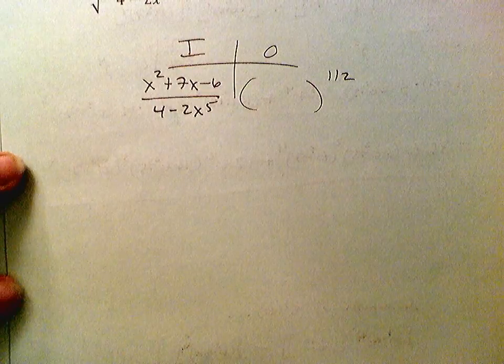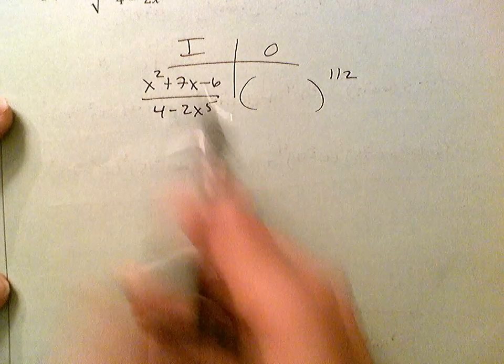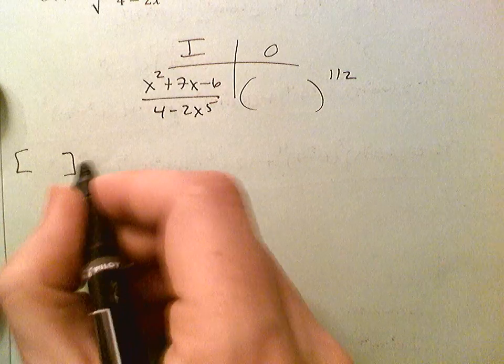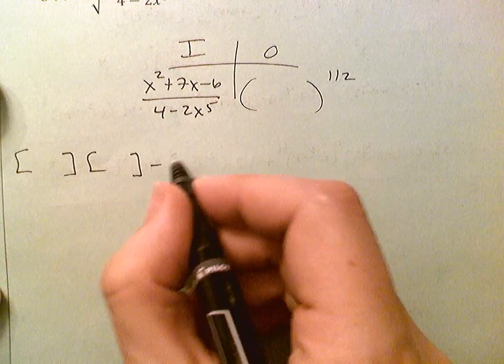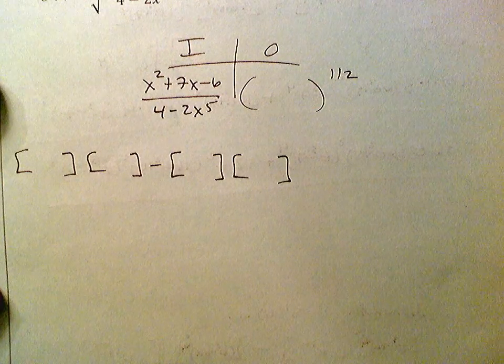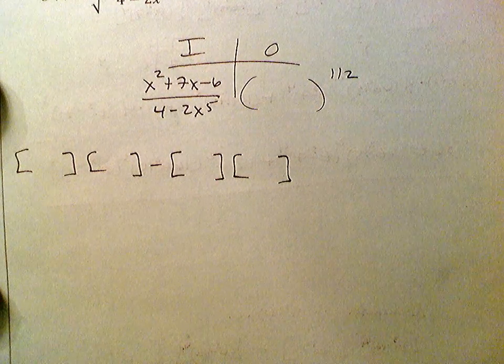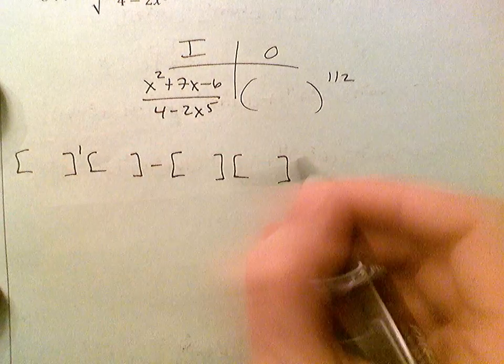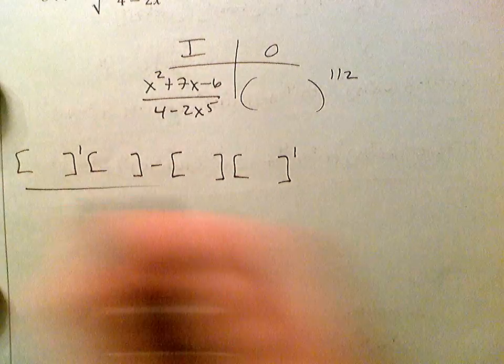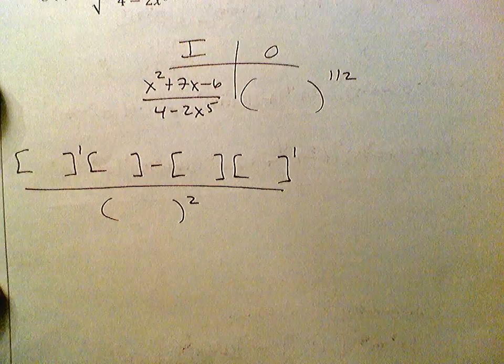Now, I need quotient rule here, so I'm going to set it up with brackets. I'm going to set up the whole thing. Yesterday there was a situation where I only set up the numerator because I saw that I would need to use chain rule inside of quotient, but I'm not going to need chain rule for either of these derivatives, so I'm setting up the whole thing over blank squared.